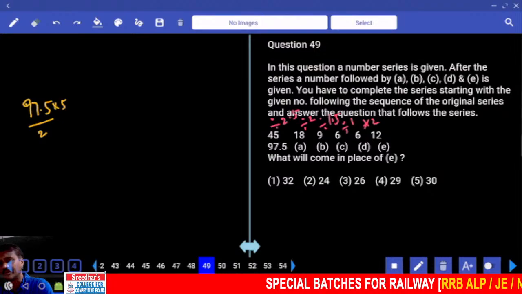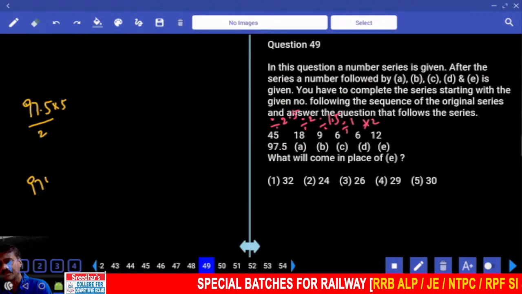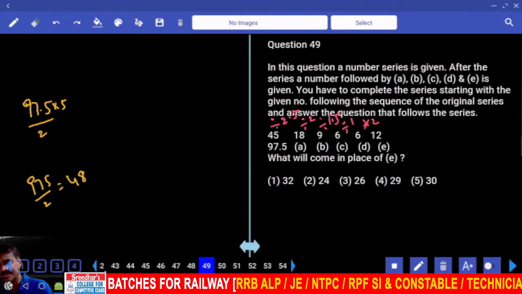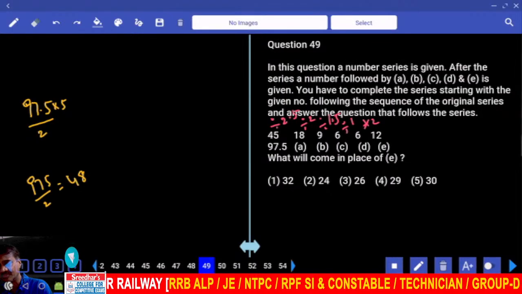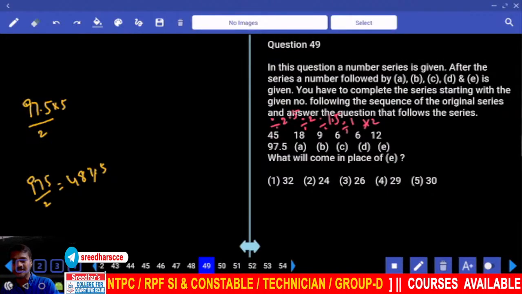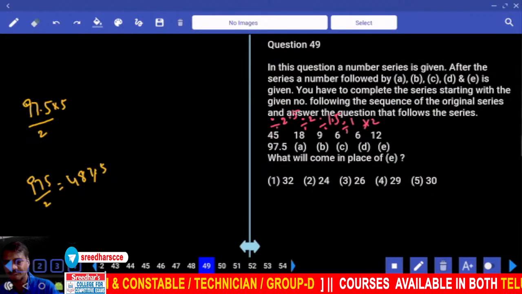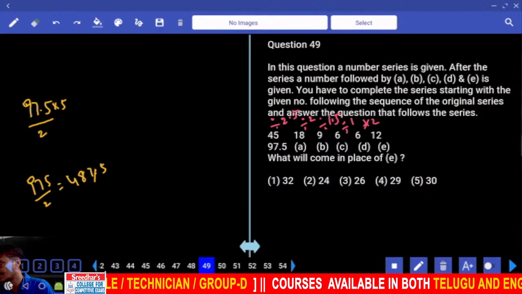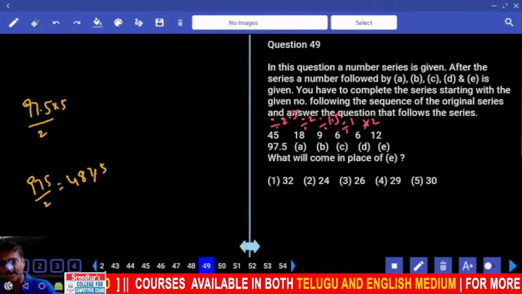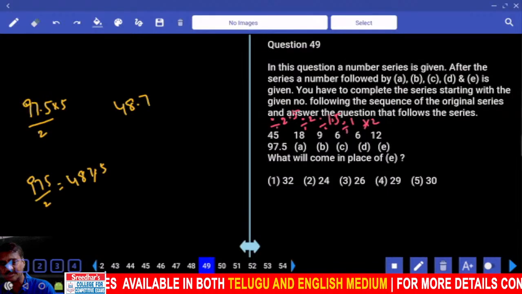97.5. 975, isn't it? Divided by 2, how much? 4896. And next one, 15, 7.5. Then that is 48 point. 48.75. Does it fit?